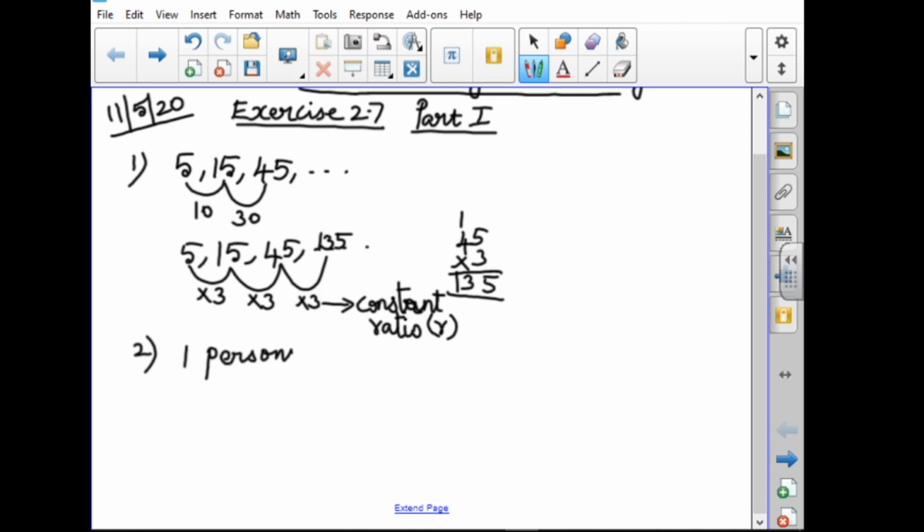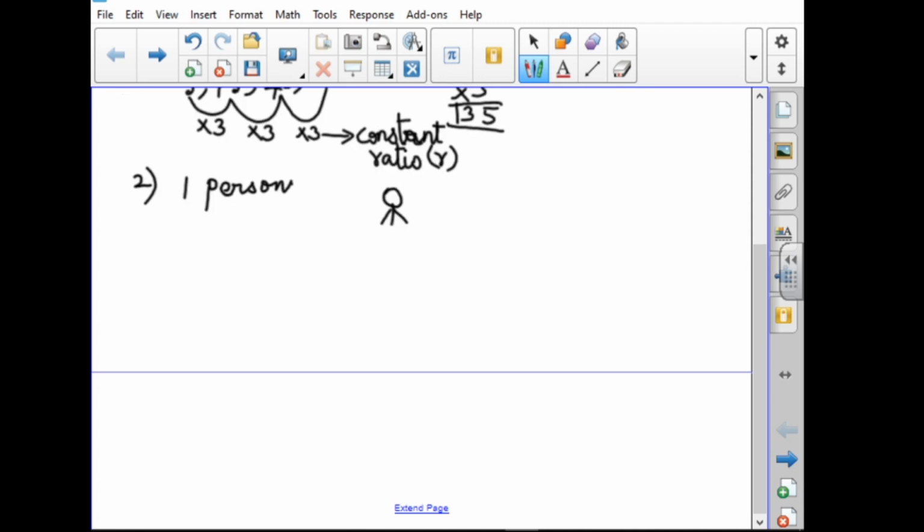That is, this one person is spreading the disease to two persons. In the third stage each of the two persons is spreading the disease to two persons. That is one person per two.